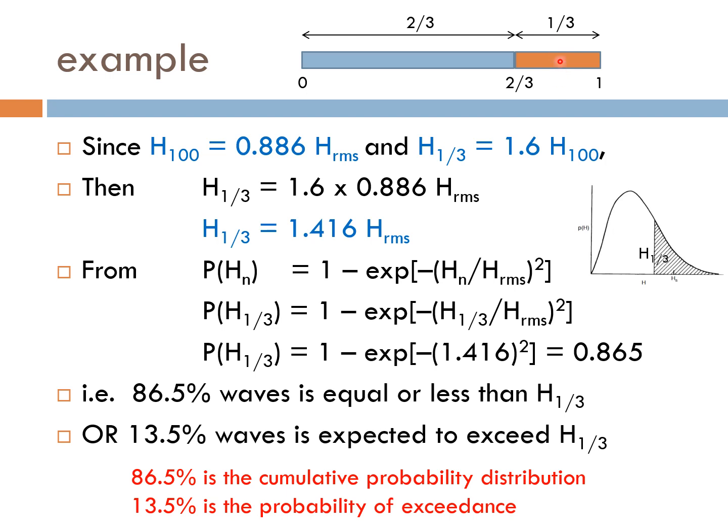So if the waves fulfill the Rayleigh distribution, then the H1/3 should be located somewhere here, so that 86.5% of the waves is equal or less than it, and 13.5% of the waves is more than it.